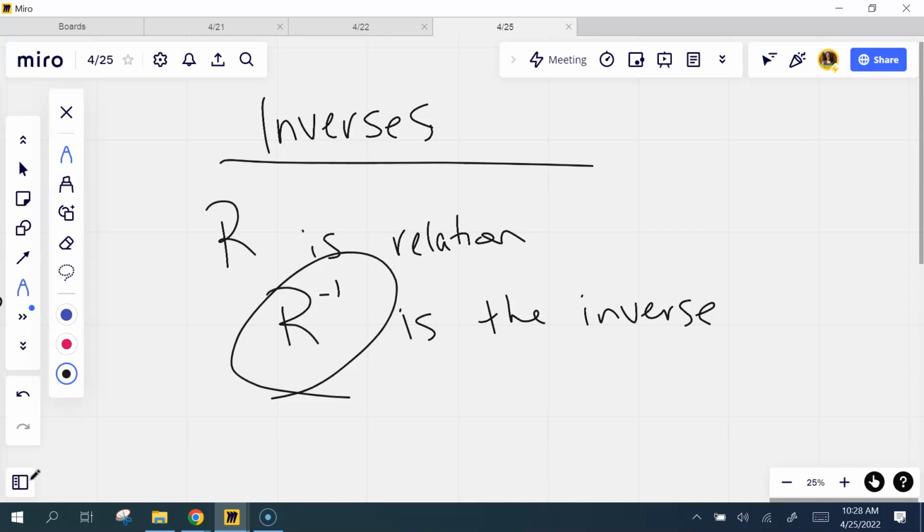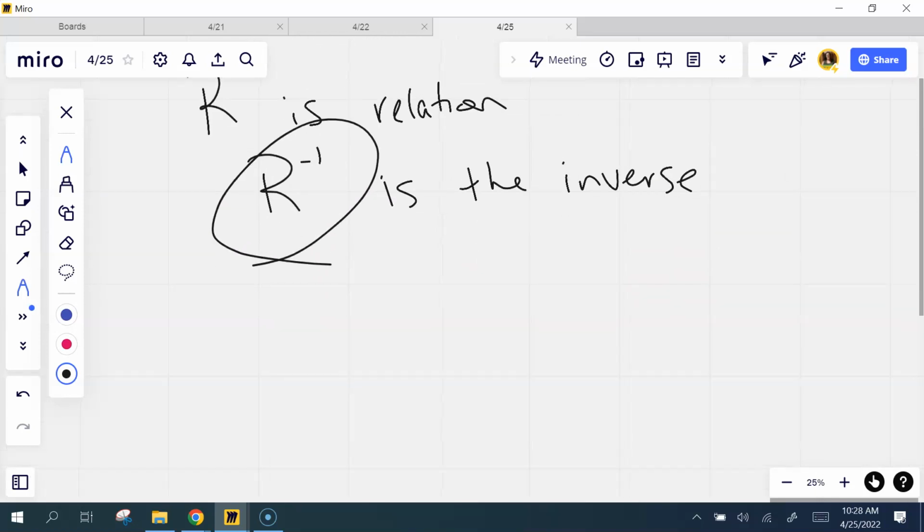Have y'all talked about inverses before, maybe in Algebra 1? Do you know how you find an inverse? No. Okay. Finding an inverse, the concept is really easy, okay? Finding an inverse just means switching x and y.